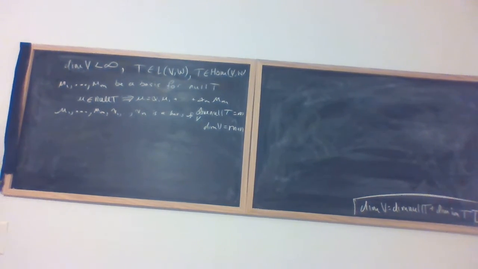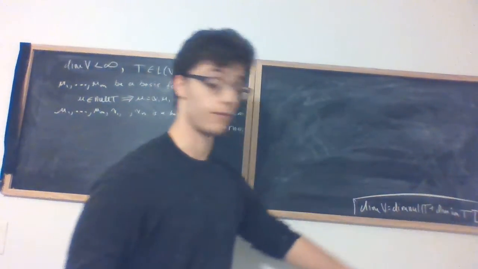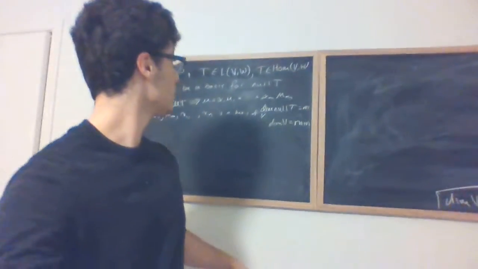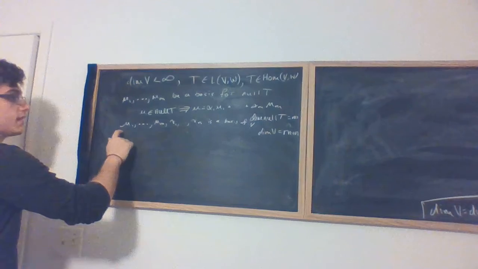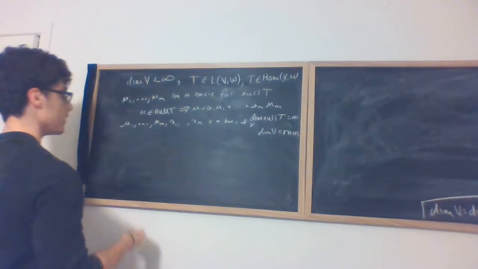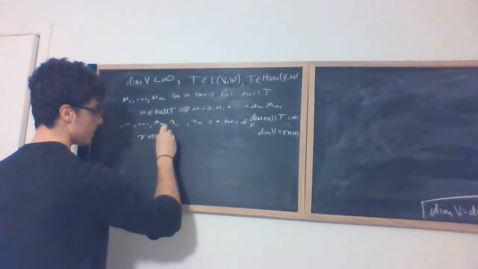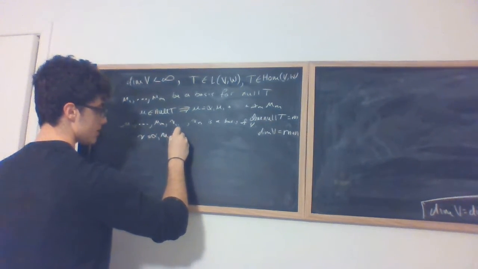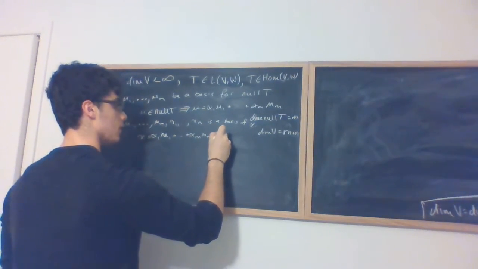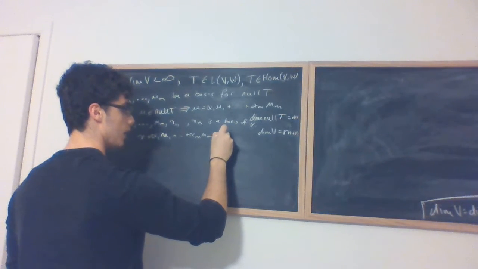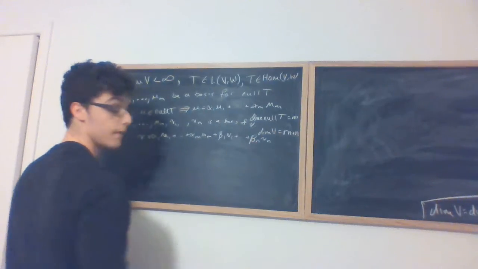So now, all we have to do is show that the dimension of the image of T, or the range of T, is just equal to n. So let's begin. Since this is a basis of V, an arbitrary vector V can be written as a linear combination of these basis vectors, alpha 1 u1 up until alpha m um, and then we have beta 1 v1 up until beta n vn, right?